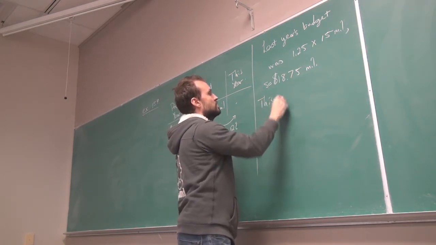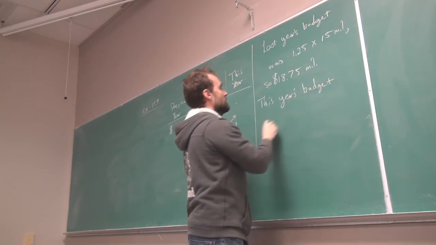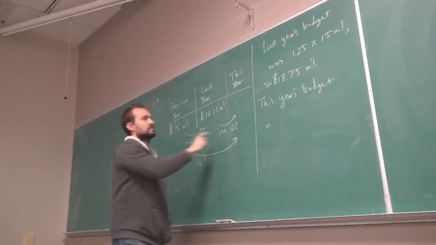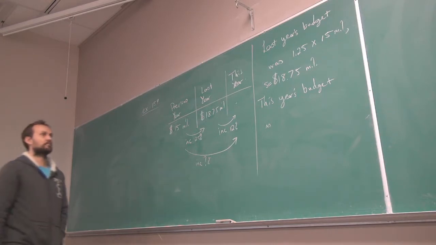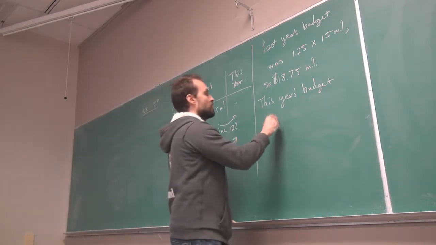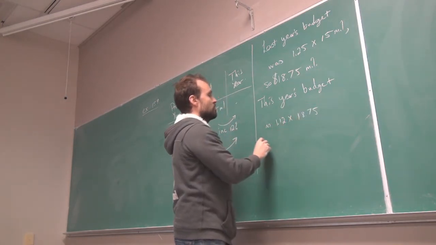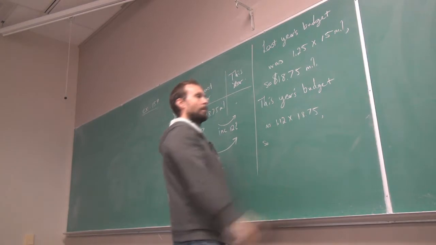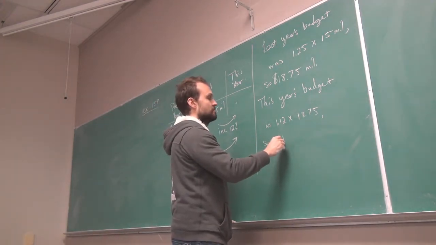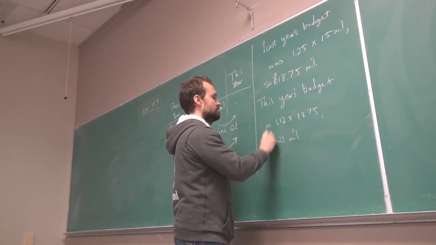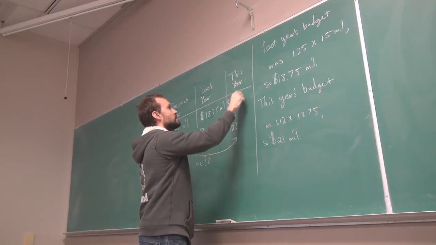This year the budget is a 12% increase on the 18.75. So that'll be 1.12 times 18.75, which is 21 exactly? Oh, that's kind of nice. 21 million.